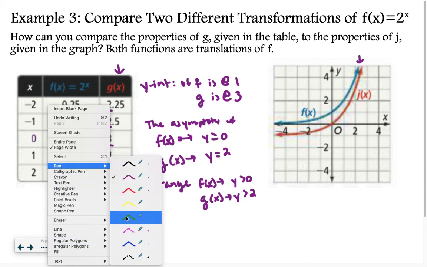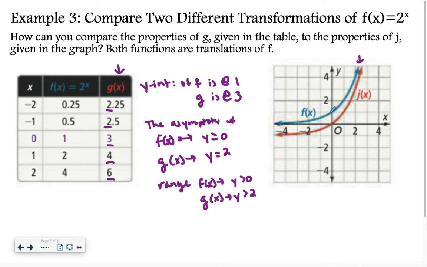Then let's go over here and look at our graphs. So you can see my parent function, the y-intercept for f is 1, for j is at 0. Look, it went down 1 unit. So that means that my asymptotes, for f, that one's still at y equals 0.